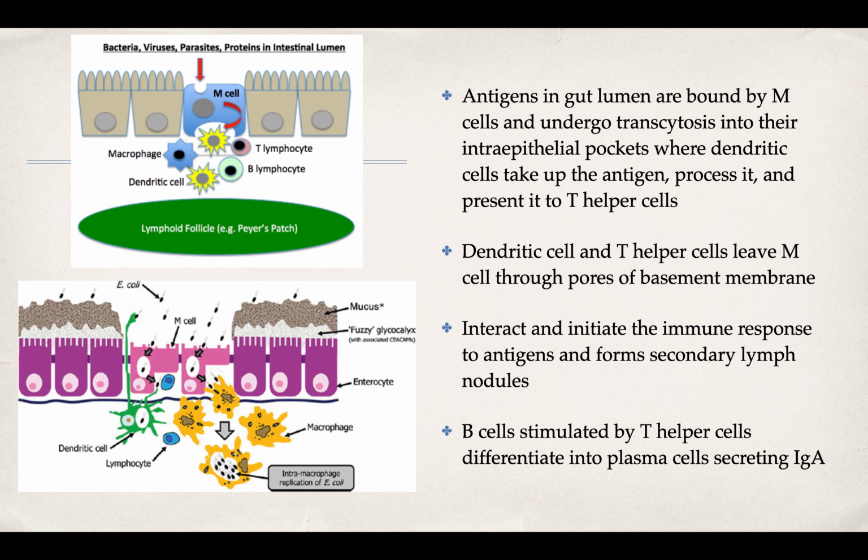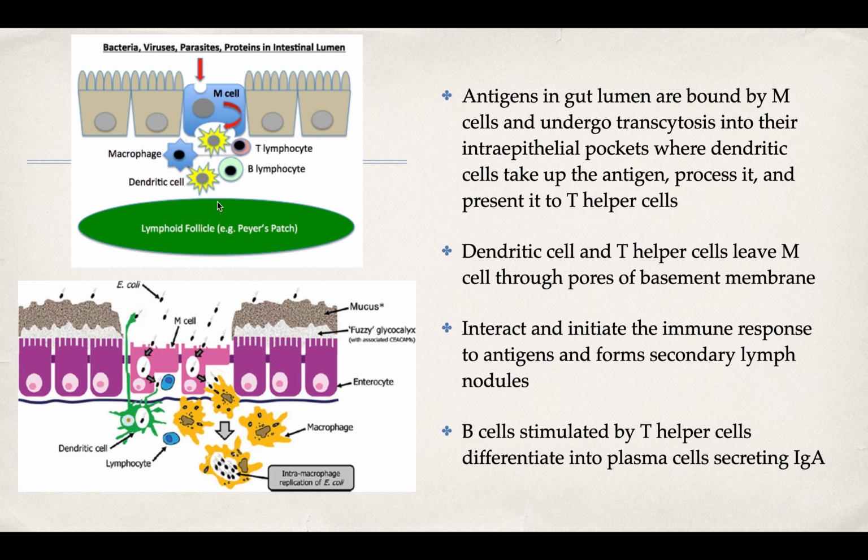So the antigens in the gut lumen are going to be bound by the M cells, and they go through transcytosis into their intraepithelial pockets, where the dendritic cells will take up the antigens, process them, and present them to the T helper cells. Only the T helpers and the dendritic cells leave the M cells, and they leave through the pores of the basement membrane. Here, B cells, T cells, dendritic cells are allowed to leave.